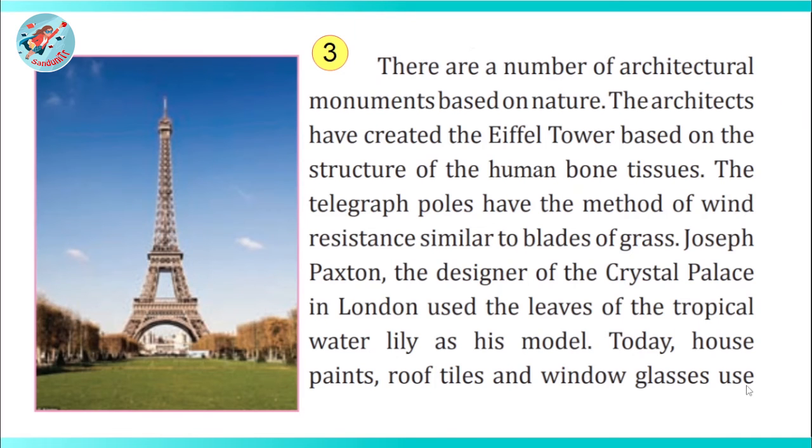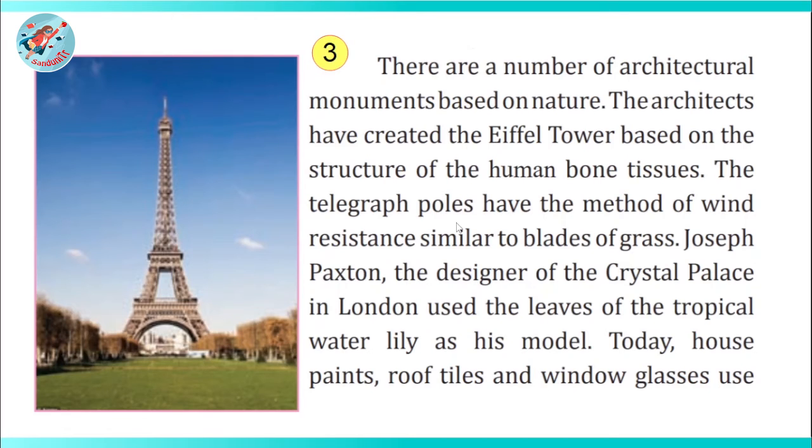Right. Look at the third paragraph. Please read it with me. There are a number of architectural monuments based on nature. The architects have created the Eiffel Tower based on the structure of human bone tissues.